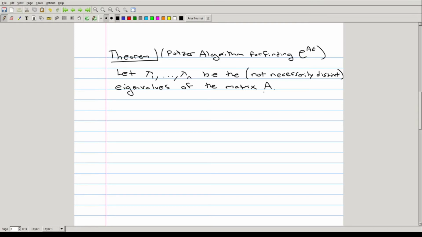if you don't have distinct eigenvalues, if you have complex eigenvalues. This will always give you the correct matrix exponential.